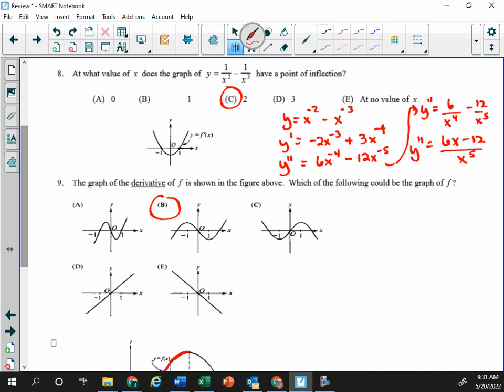Okay. Your critical values, remember, are where your derivative equals 0 or is undefined. So there's 2 critical numbers here. It's undefined at 0 because of the denominator, and then it would equal 0 at 2. Potentially, those are both points of inflection.